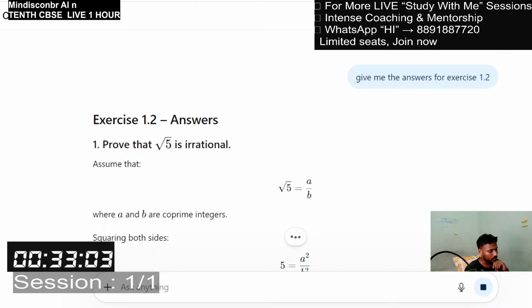So coming to here, let us assume to the contrary that root 2 is rational. First we are assuming that root 2 is rational.